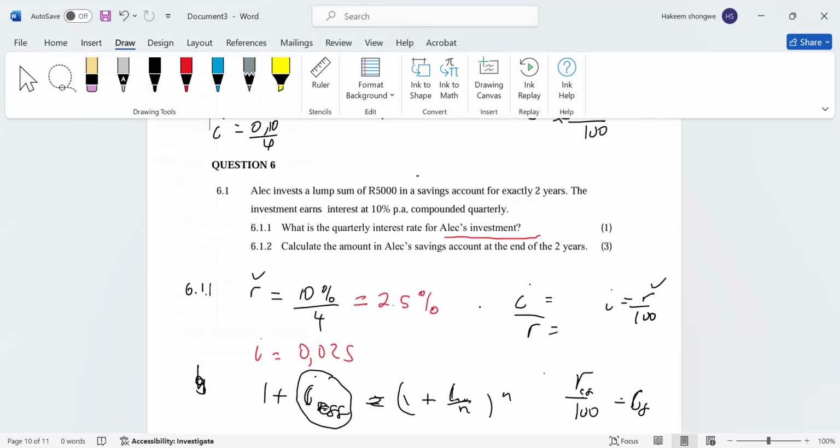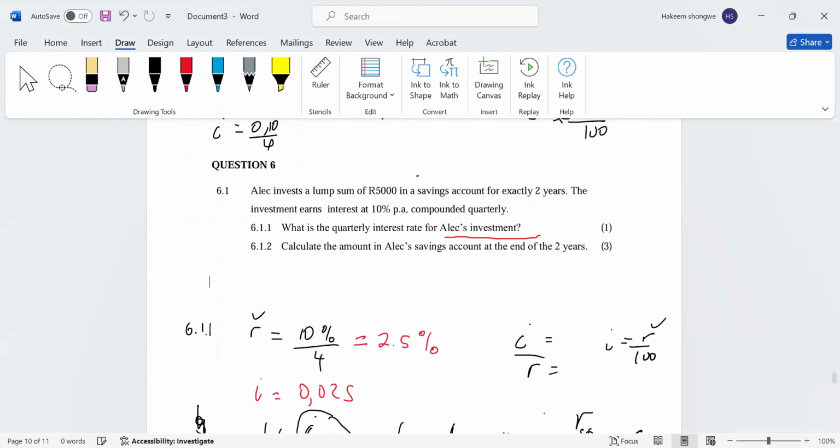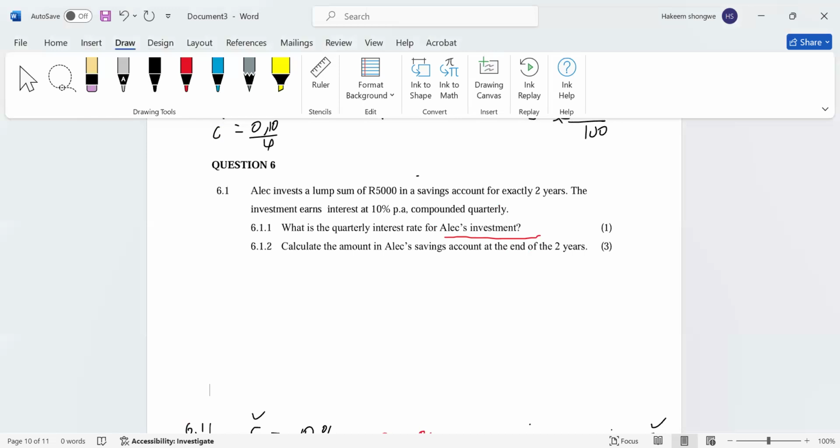And then from there onwards, they say, let's do the question. Then the question says, calculate the amount in Alex's savings account at the end of 2 years. So because this money is not deposited consecutively on regular intervals, we're going to use the formula that says A is going to be P times 1 plus I to the power of N. Compounded investment. Those are the words that I'm looking for.